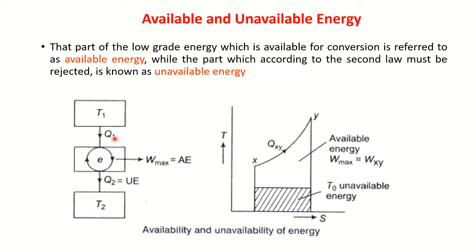The work done by this engine, according to the first law of thermodynamics, W is equal to, since it is a reversible engine, it is maximum work, that is equal to Q1 minus Q2.